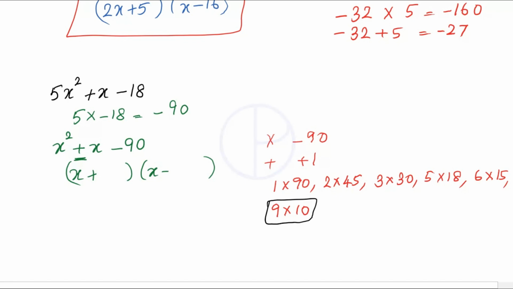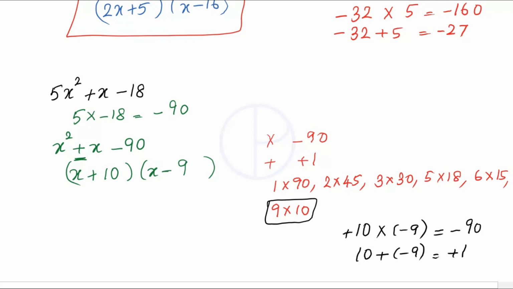The bigger number is positive and the smaller number is negative. Ten multiplied by negative 9 is negative 90, and when you add you get positive 1. So x plus 10, x minus 9.